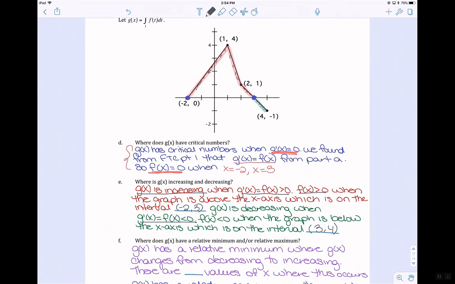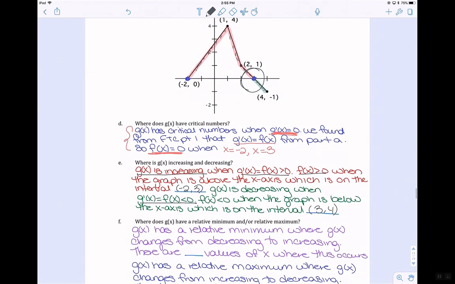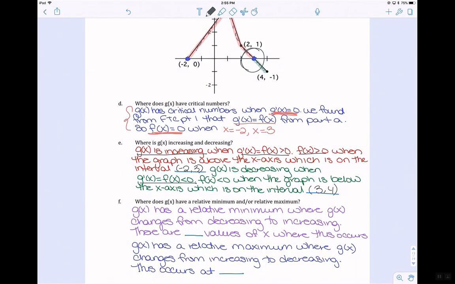Where does g of x have a relative min and or a relative max? I only change here from increasing to decreasing, and so there are no values of x where the function changes from decreasing to increasing.